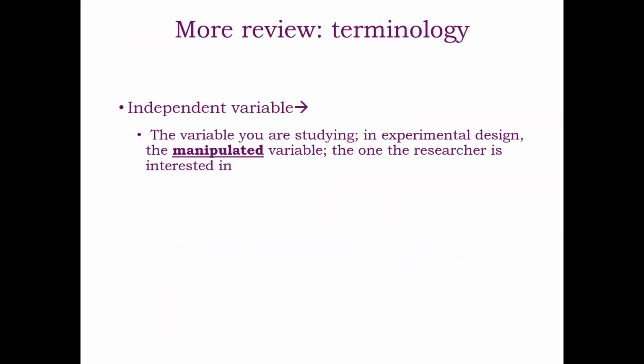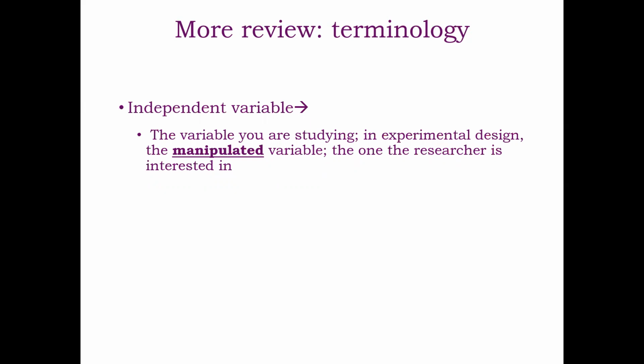An independent variable is the variable you're studying. In an experimental design, it's the manipulated variable, the one that you are interested in. For example, we talked about the effect of violent video games. If you bring participants into the lab and randomly assign them to play either a violent or a non-violent video game, well, video game violence would be your independent variable, and you're manipulating it by randomly assigning people to do one or the other.